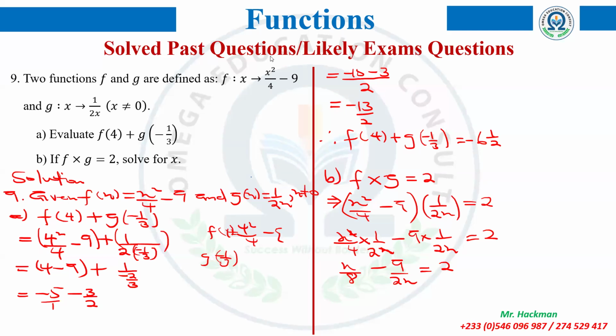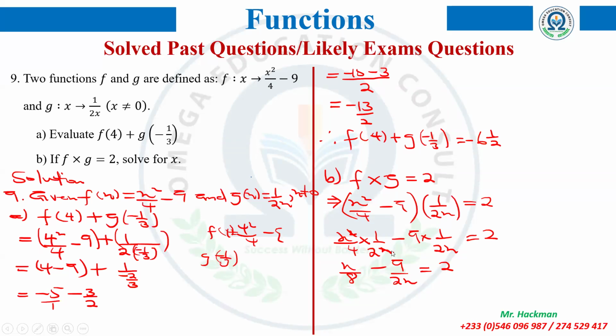The x squared over 4 times 1 over 2x. As for the substitution, you get it. So you have 2 terms multiplying a term, so each of the terms will multiply that. I remove the bracket: this one times this, which is what I've written here, then this one also times this. But we are told it's equal to 2.